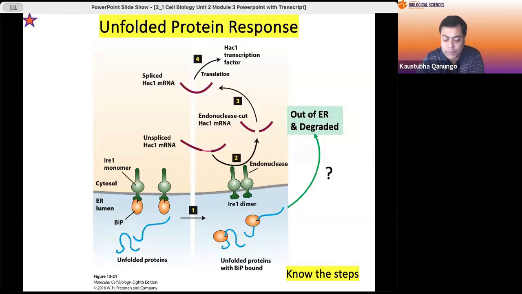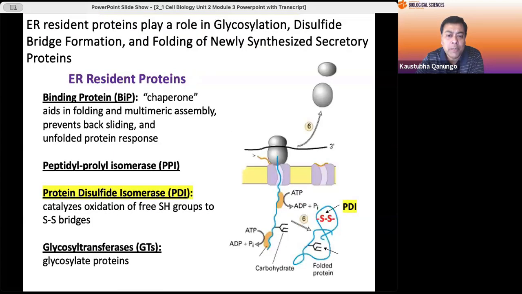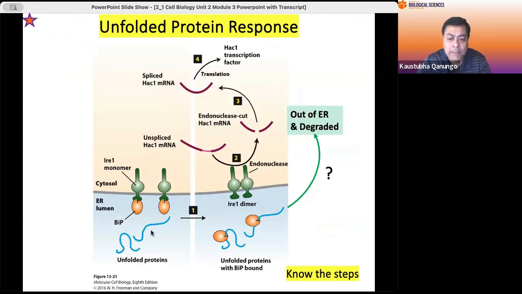So now you see that all these proteins are ER resident soluble proteins. And here you have an example of IRE1, which is an ER resident membrane protein, and they are bound with this BiP binding protein. So when the proteins are unfolded, they are bound to the BiP. And once the BiP actually leaves these IREs, the IREs dimerize to form an endonuclease.